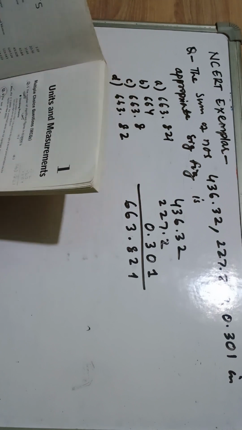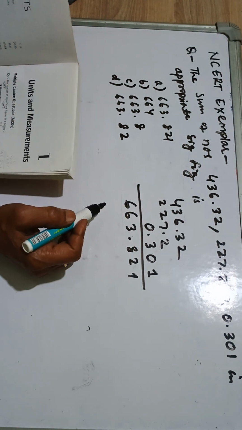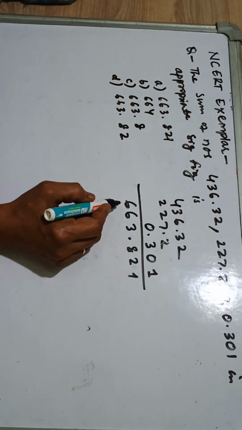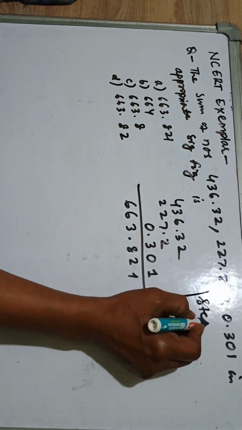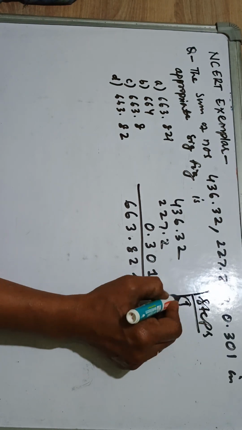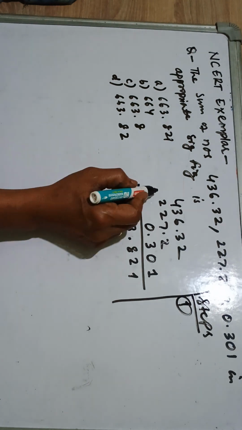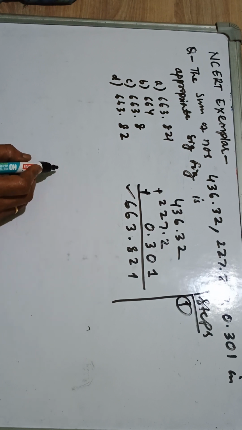You can try yourself. Once we add these three numbers as per our steps, step 1 is normal algebraic addition. We'll get 663.821.